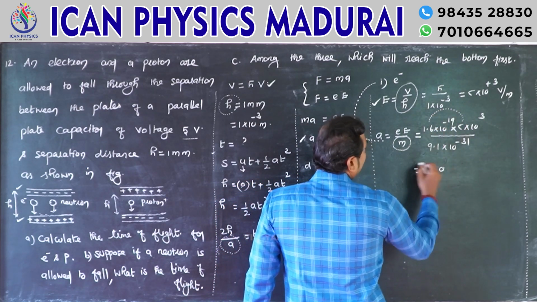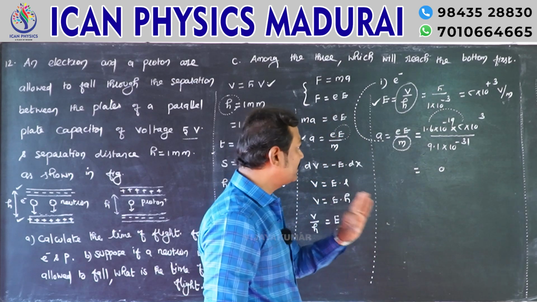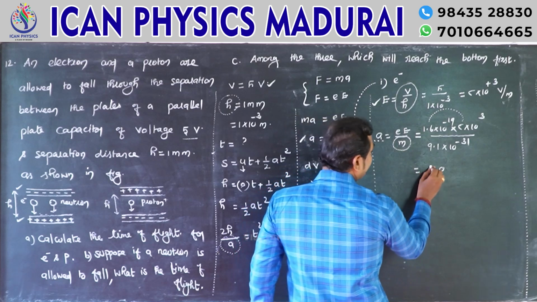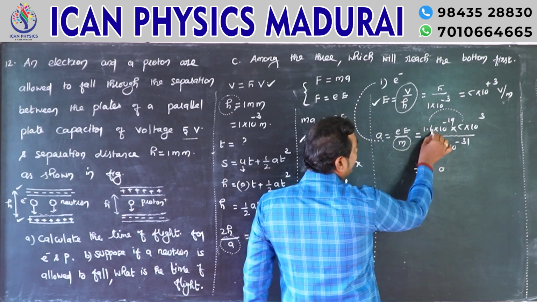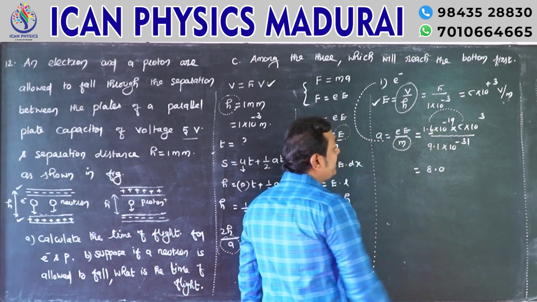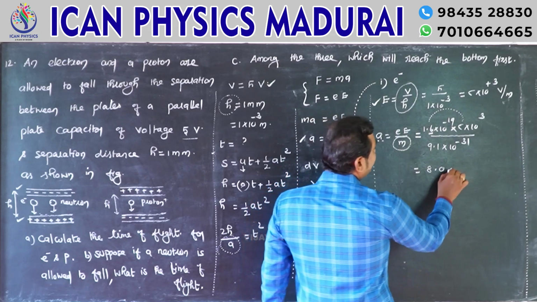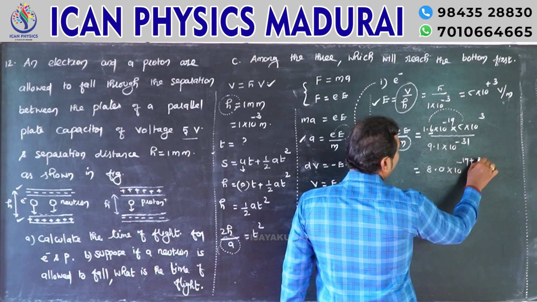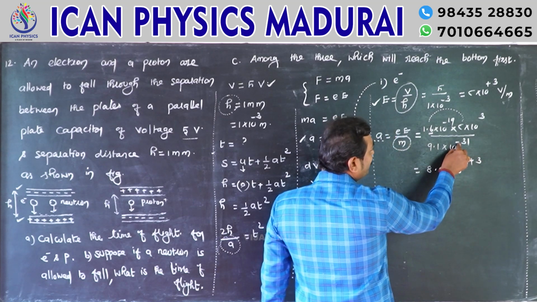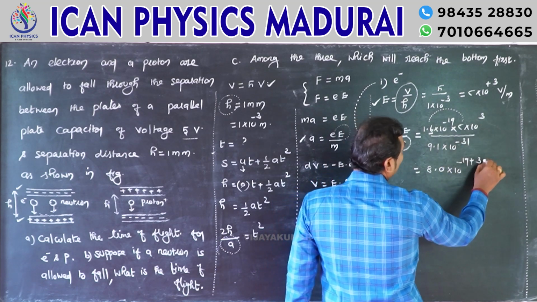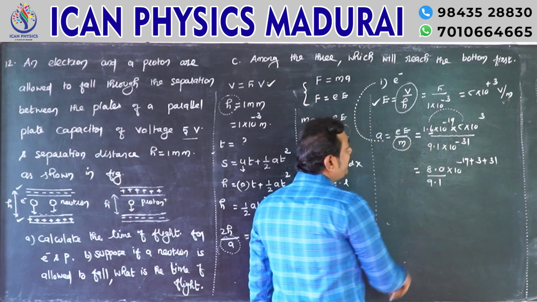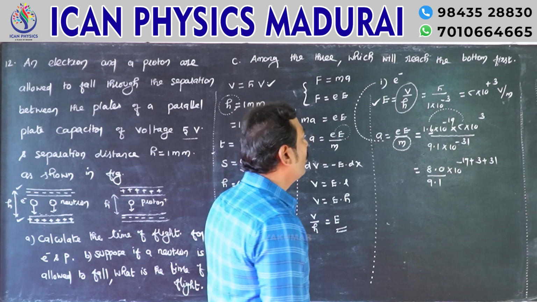5 6s are 30. Remainder 3. 1 5 is 5. 5 plus 3, 8. So, how many decimal points? 1. So, 8.0 into 10 to the power minus 19 plus 3. The minus 31 goes to the numerator as plus 31, divided by 9.1.